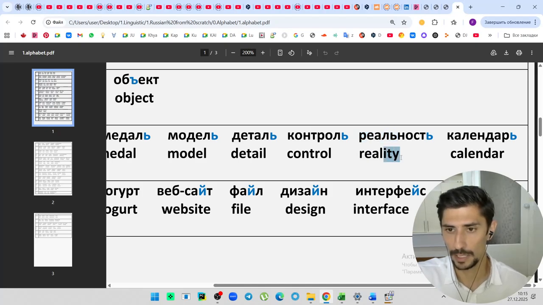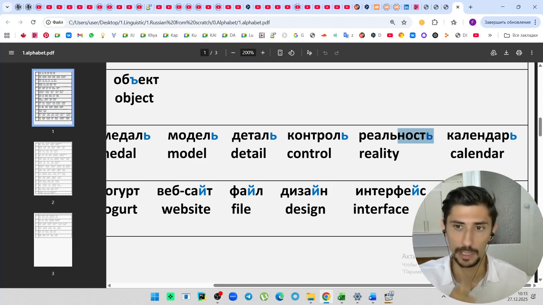And instead of using et, sometimes you use ность. Not in all words, but in a lot of words that have these endings. Et, we change it to ность. So reality became реальность. Activity would be активность. Stability would be стабильность.